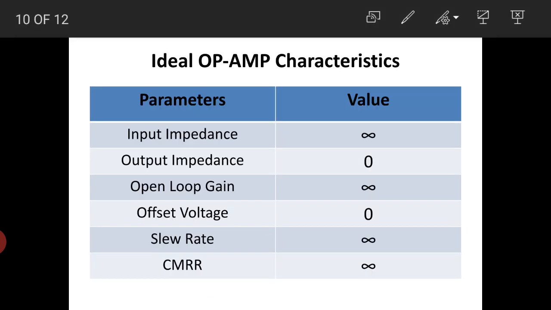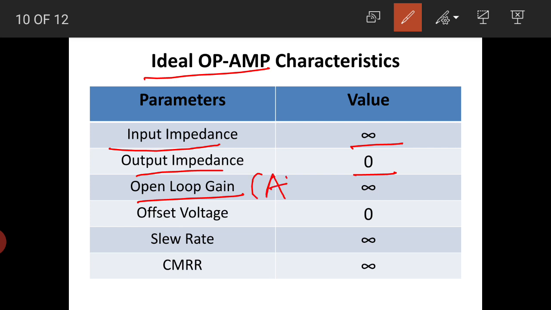So let us see the ideal op amp characteristics, where the input impedance we have already discussed, it should be infinite, and output impedance should be equal to 0, and open loop gain, which is A, should be infinite, and offset voltage should be equal to 0. Offset voltage equal to 0 means when there is no input, there should be no output.